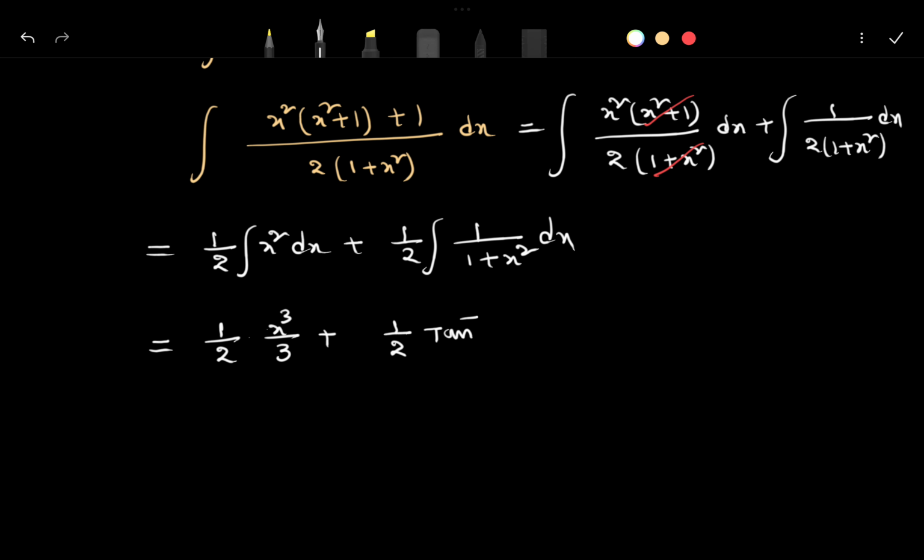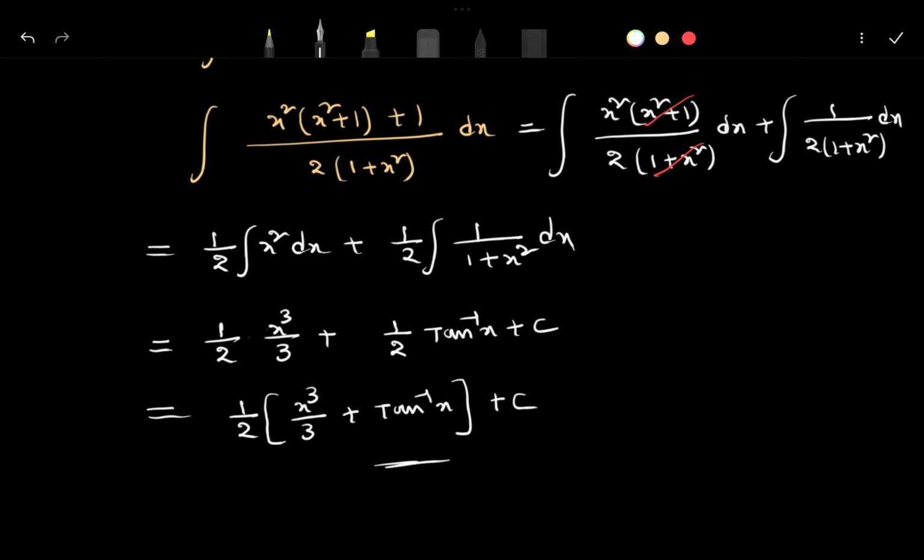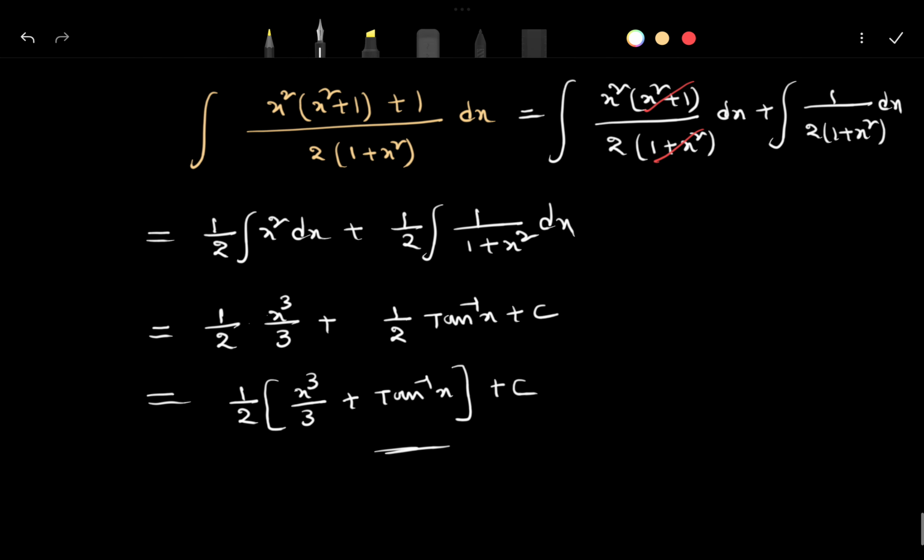Tan inverse of x plus c. So finally we can write 1 by 2 into x power 3 whole divided by 3 plus tan inverse of x plus c. So this is the final result. I hope everyone is clear on this one. One more question we'll discuss.